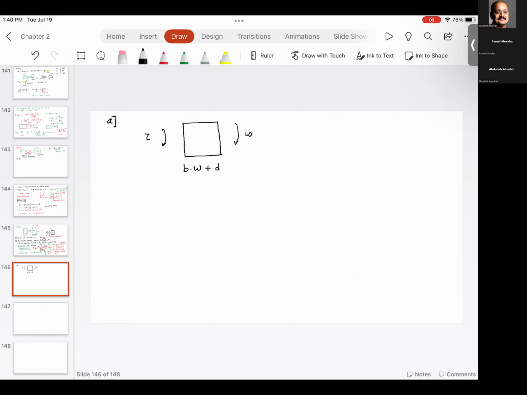Actually, there are two types of damping. One is a linear damping, and the other one is the non-linear damping, omega. So this is the linear damping, and then this is the non-linear damping.